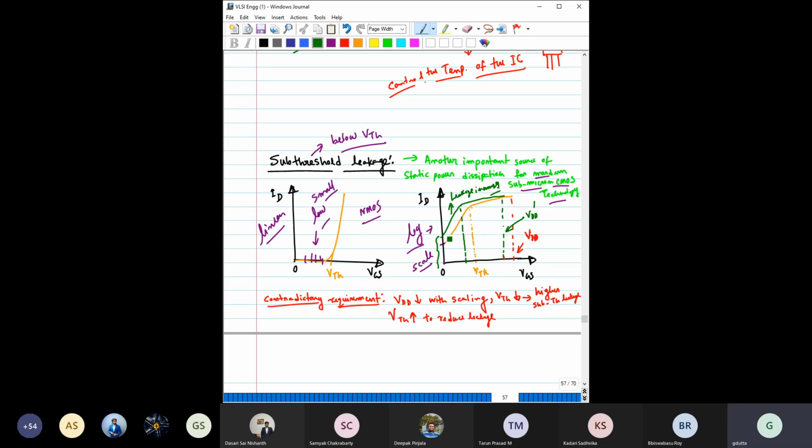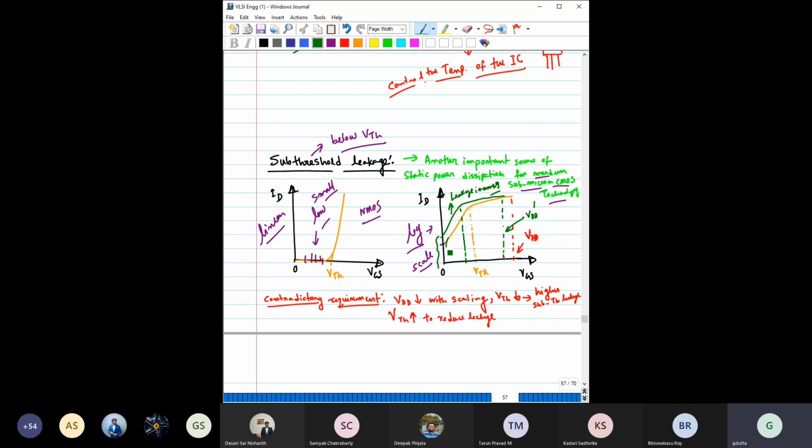This is called the subthreshold slope, and there is a theoretical limit of 60 millivolt per decade. You cannot reduce this subthreshold slope beyond that. So there is a limit, and you cannot make the slope a wall, perpendicular like this. No, you cannot do that.